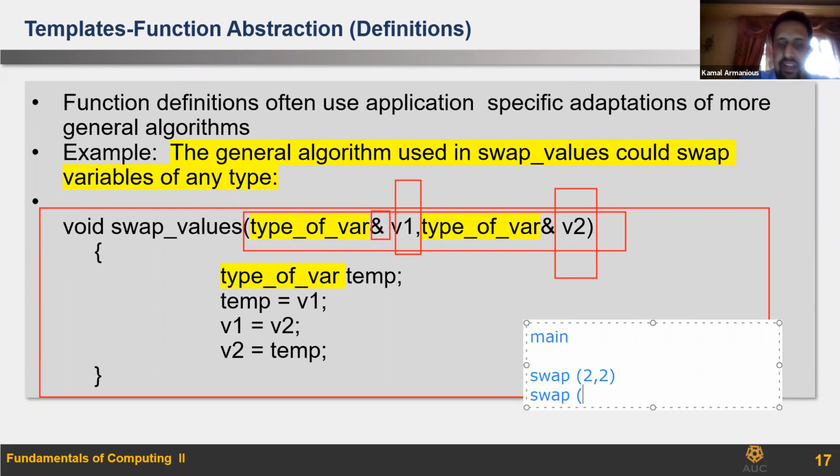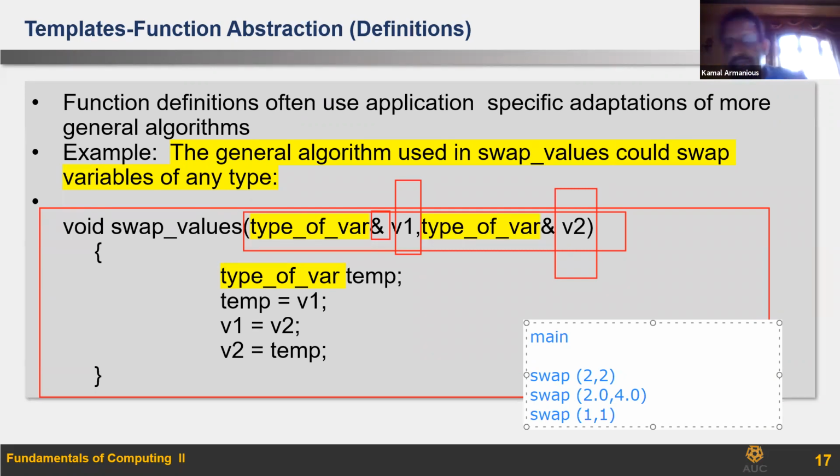You can call it and give it two floats, it will work. Two doubles, it will work, two booleans, it will work, etc. It will work no matter what data type you supply to it from the main.